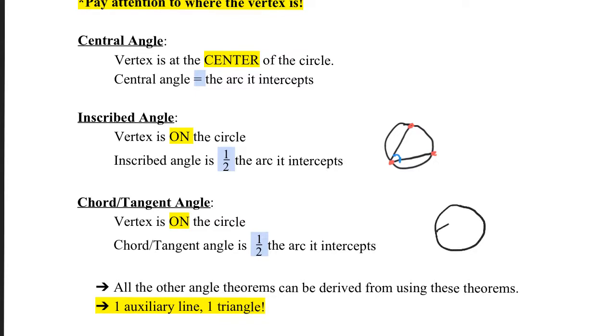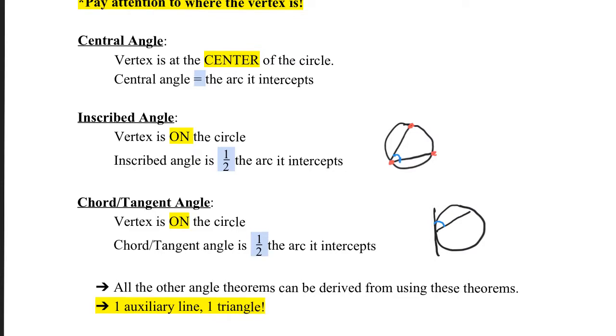So we have a chord intersecting a tangent. This angle right here is going to be 1/2 of the arc that it intercepts, which starts here and goes to there. So this blue part right here is going to be 1/2 the arc measure from here to there.